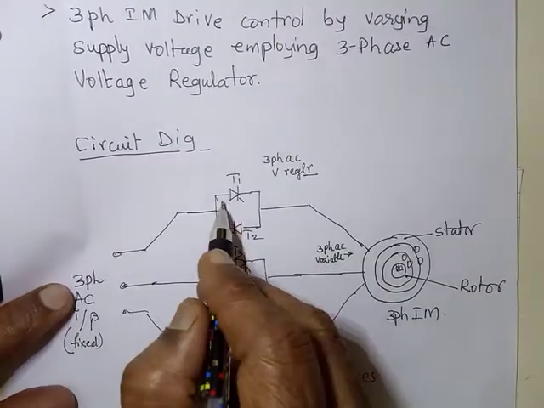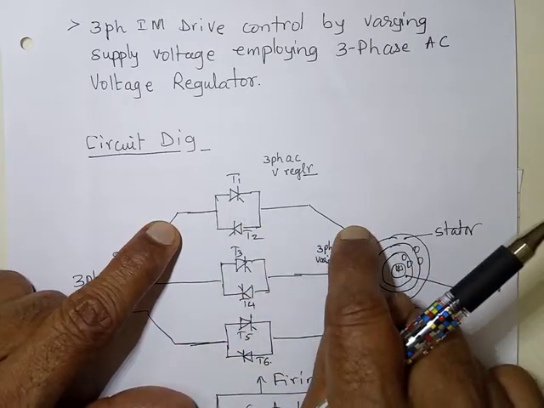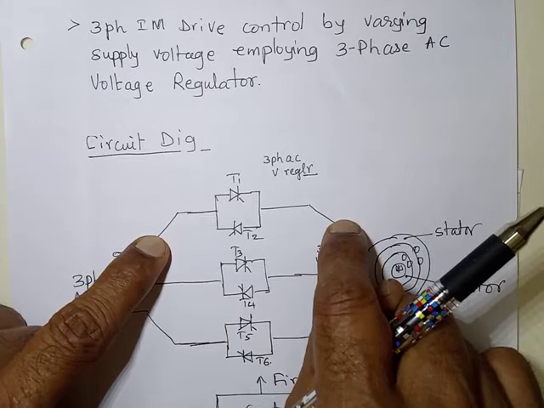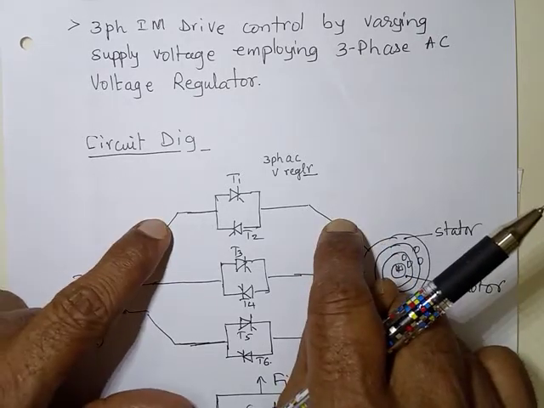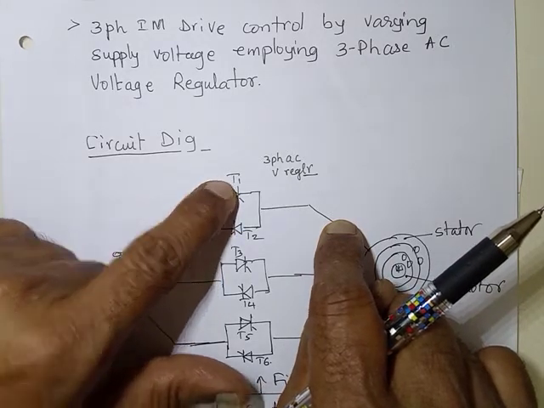When the SCR T1 conducts, whatever supply voltage is there will appear as the output. The input will appear as the output. So what I get here is the same as this, starting from the instant this device starts conducting.